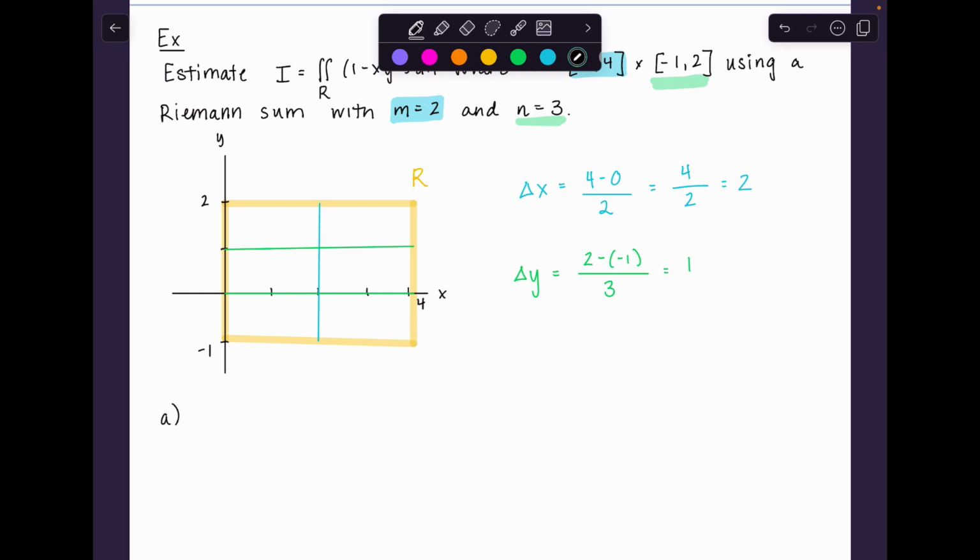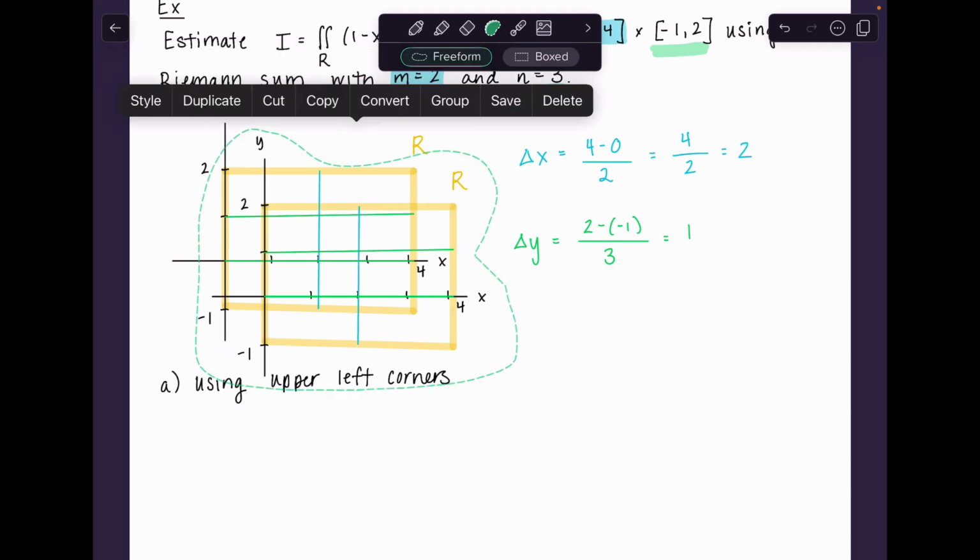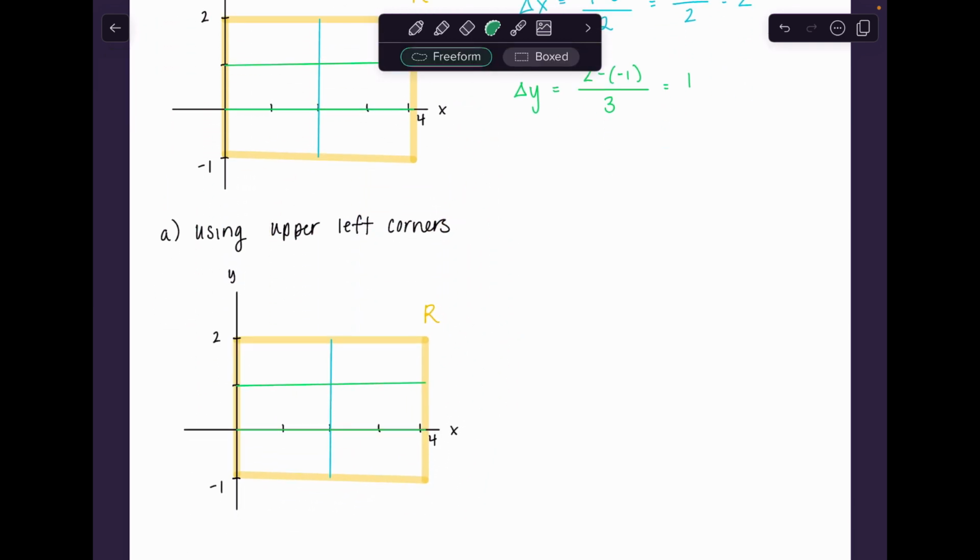The first way I'm going to do that is by using upper left corners. So a little different than what we started with. And I'm going to go ahead and cheat and copy my grid down here first.